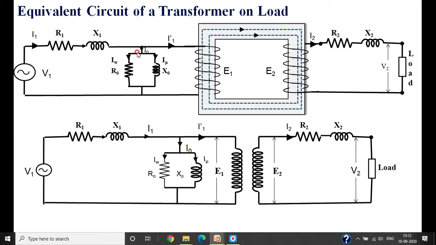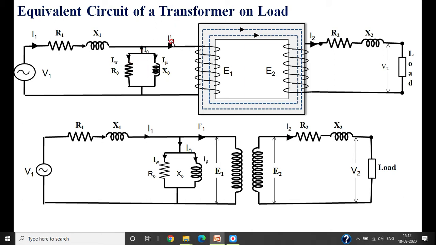Out of I1, I0 is only meant for creating the magnetic flux and the core losses in a transformer. It does not change its value unless the supply voltage changes, because you are keeping the supply voltage constant. Therefore, the core losses in the transformer remain constant.